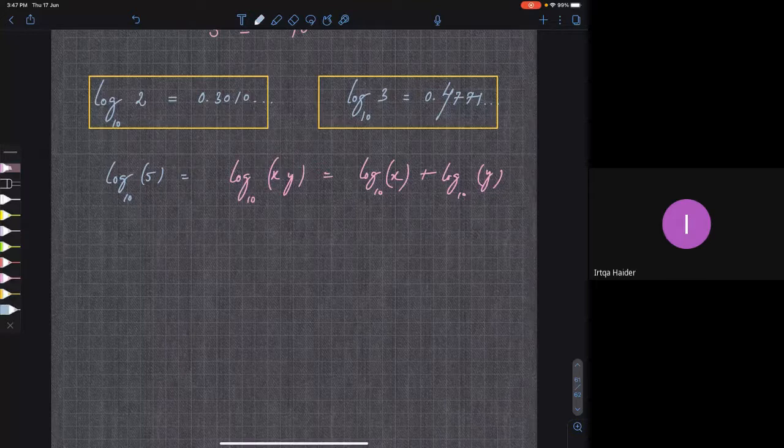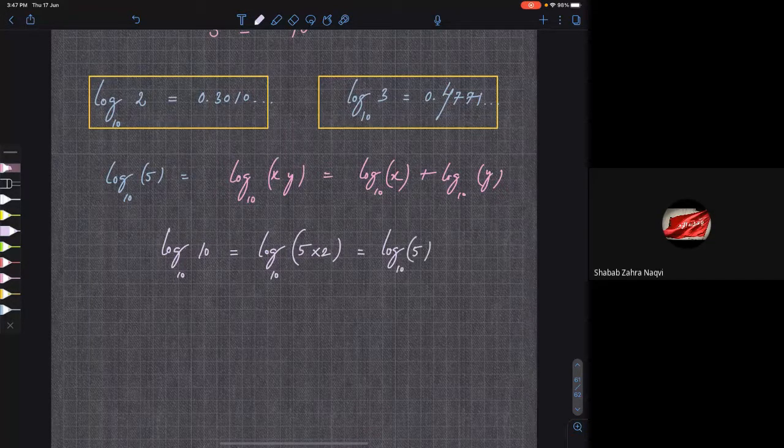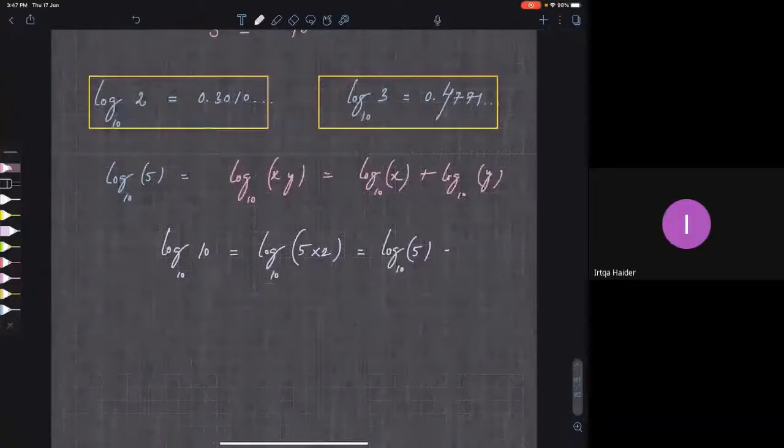So we know what log 10 is, right? Can I write it as 5 into 2? So it becomes equal to log 5 to the base 10 plus log 2 to the base 10.